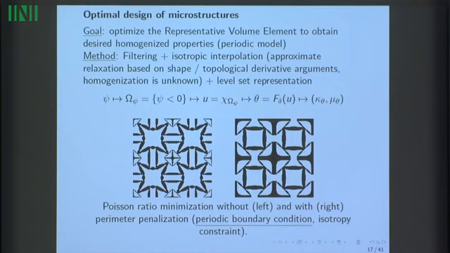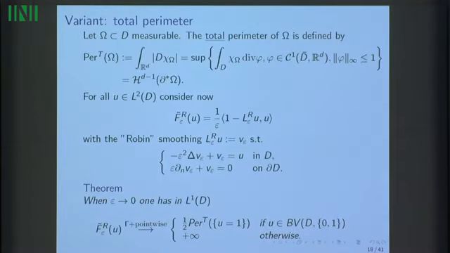But I will give more details just now, because one variant is a total perimeter. So let's think of this example of the cantilever. You had this artifact near the external boundary, and in case you don't want that, you want to minimize the total perimeter.